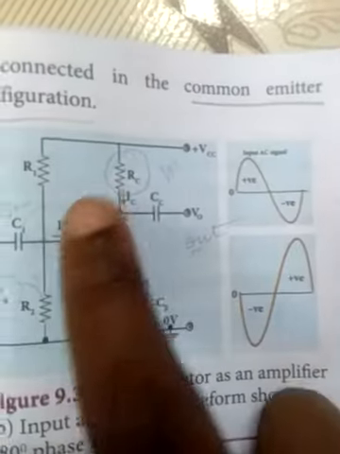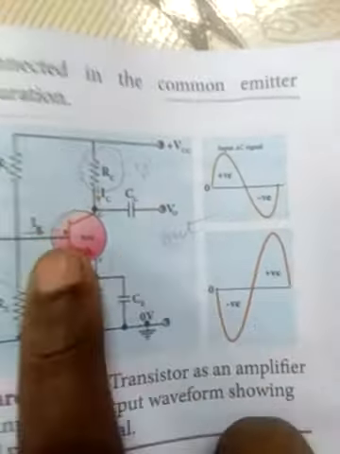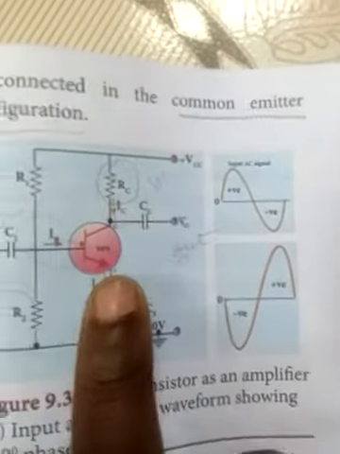Now you see this is an NPN transistor: base, collector, emitter.